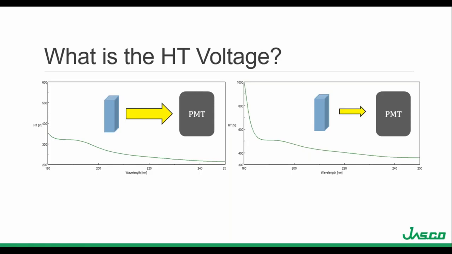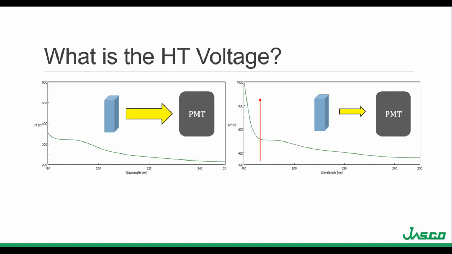It adjusts the amplitude of the signal depending on the DC voltage, which monitors the total signal output or total absorbance. When a sample has an optimal concentration, shown in the figure on the left, a sufficient amount of light is transmitted through the sample and reaches the detector, and the HT voltage is low since the signal doesn't need to be amplified. However, if a sample absorbs too much light, shown on the right, not enough photons reach the detector and the signal needs to be amplified, therefore increasing the HT voltage.